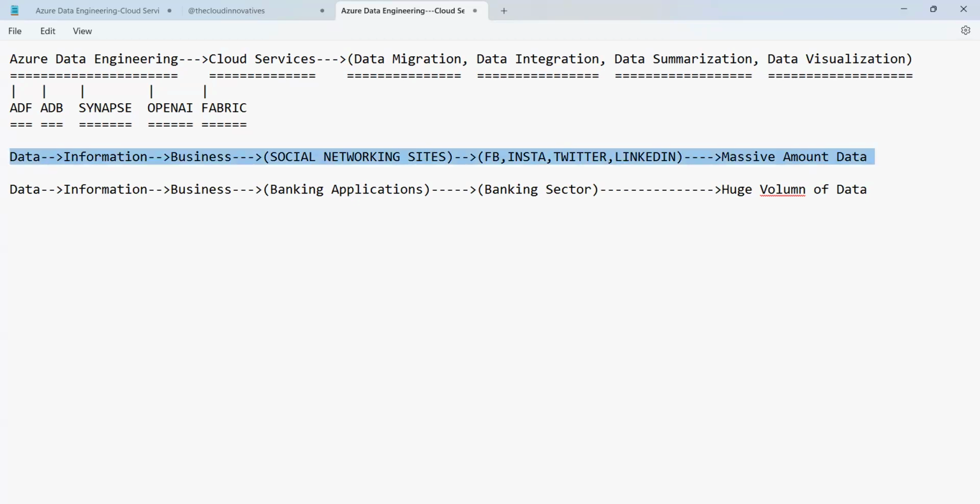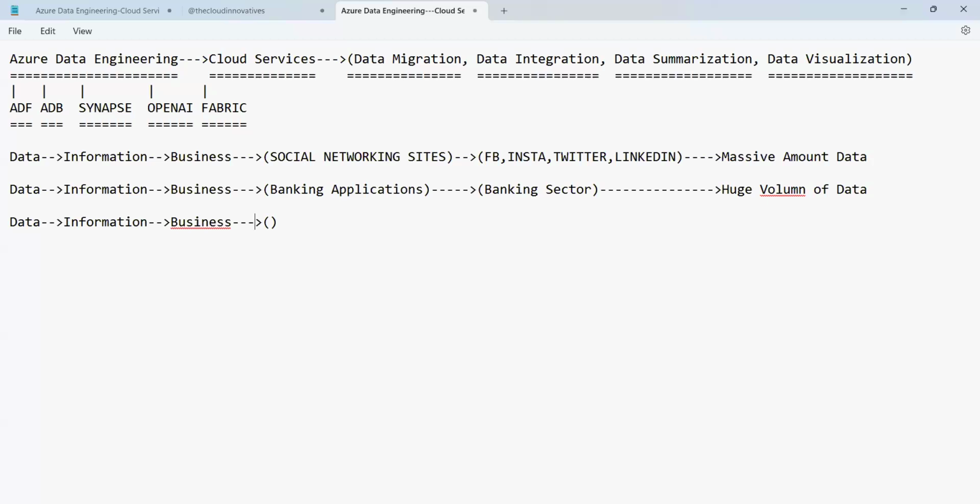The data can be generated by the social networking sites, banking applications. Then apart from this, the next data or the information is generated by the business.